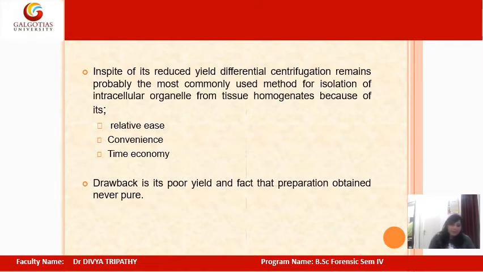The main drawback associated with differential centrifugation is its poor yield and the fact that the preparation obtained is never pure, because, as we saw in the previous slide, we get a mixture of 2 or 3 components, so we cannot get highly pure fractions using differential centrifugation.